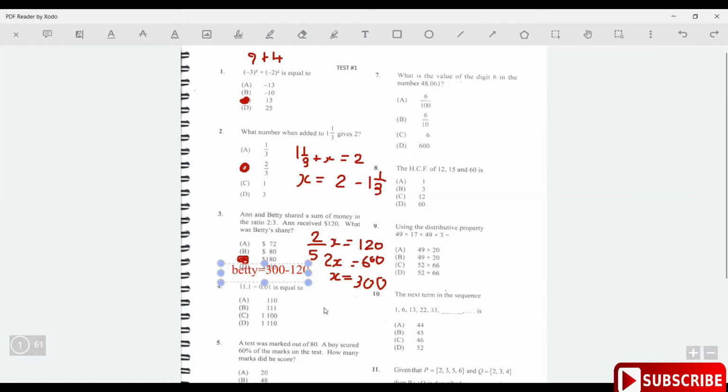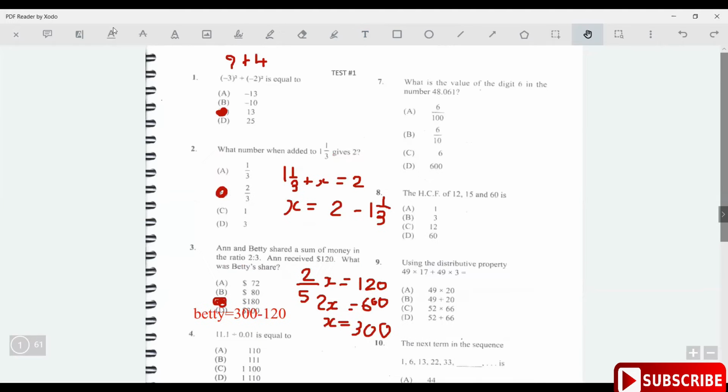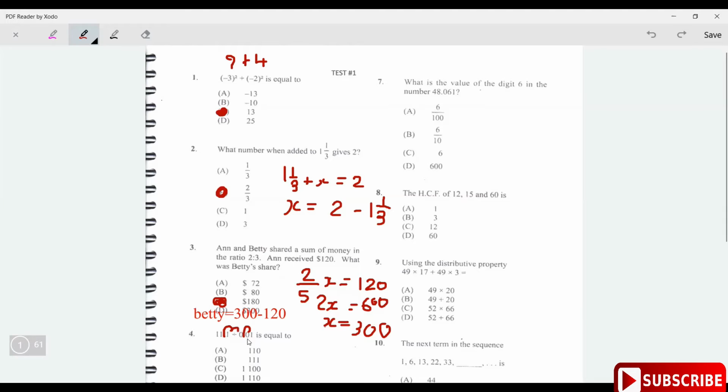Question 4. Question 4 says, what is 11.1 divided by 0.01? To do these types of questions, it's best sometimes to ignore the decimal places. That's the best way to do these sort of questions. So what we can do is bring over the decimal place 1 to the right, and then 1 more to the right, and 1 more to the right.